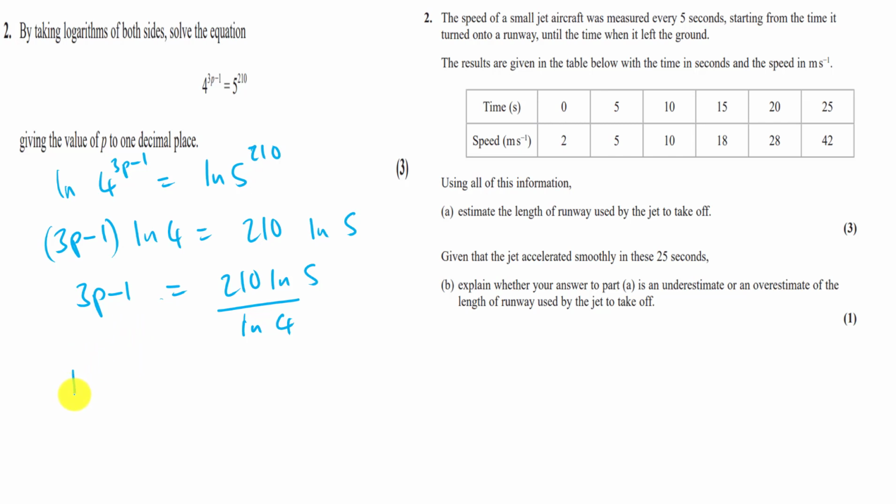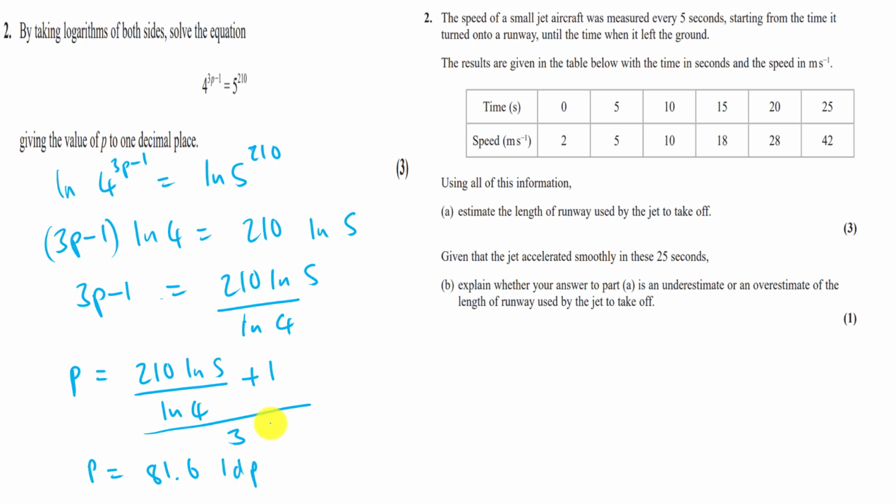So p is going to equal (210 ln 5 over ln 4 plus 1) all over 3. So p equals 81.6 to 1 decimal place. Now when it asks you to leave it in exact terms, you have to leave it in terms of ln.